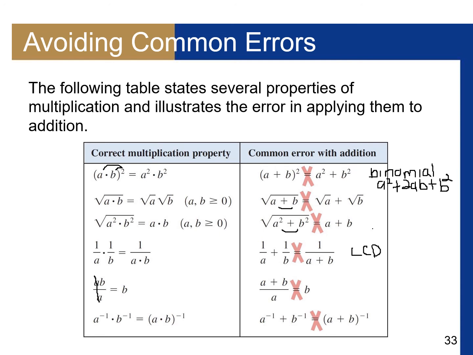This is probably the biggest mistake that I see right here. Make sure you do not do this. If I am multiplying and I have them to negative exponents, I can put them together to the negative exponent. But once again, if there is an addition sign, that's a different operation, and I cannot do that.